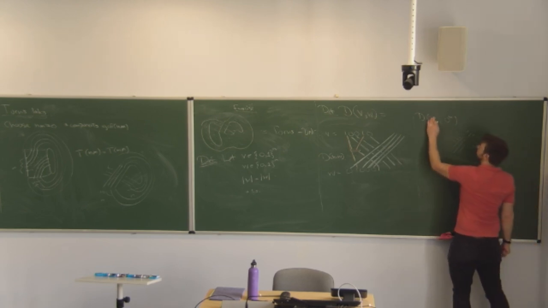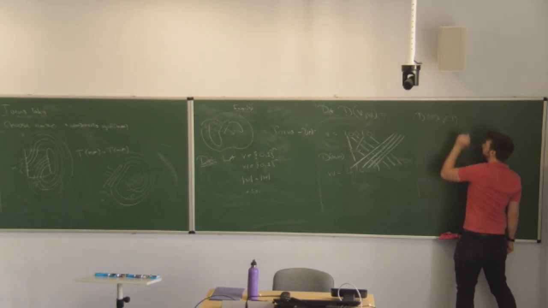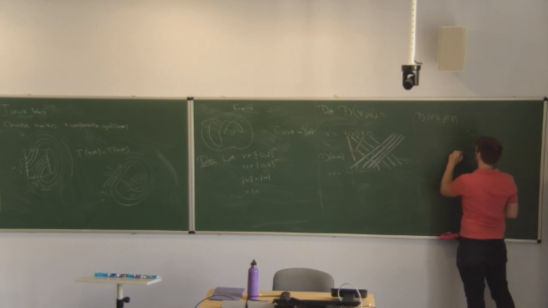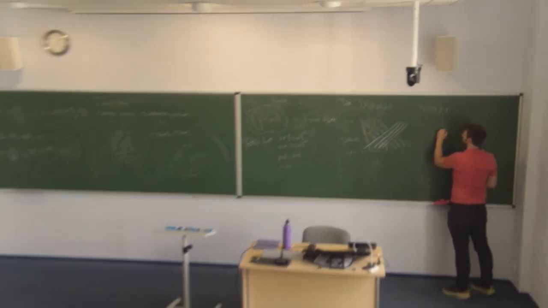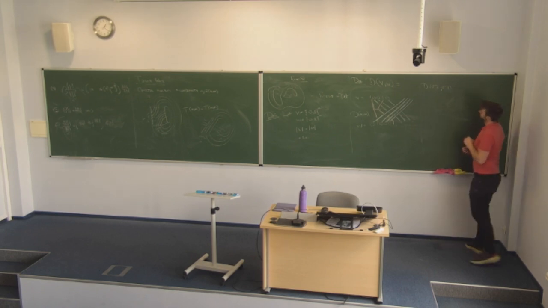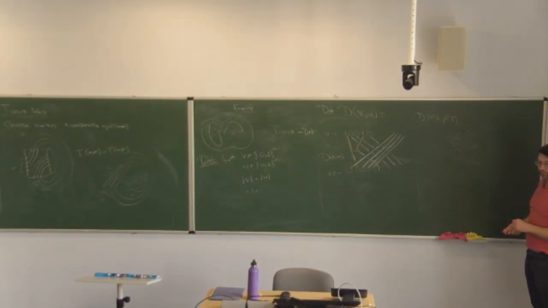And in fact, if you had 0 to the n minus 1, comma 1, 0 to the m minus 1, comma 1, I claim that this picture is also a diagram for the torus knot.